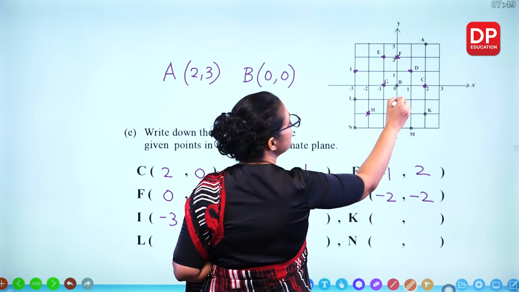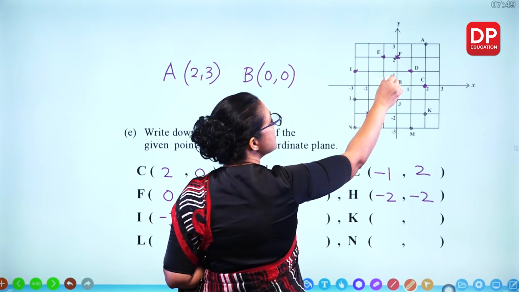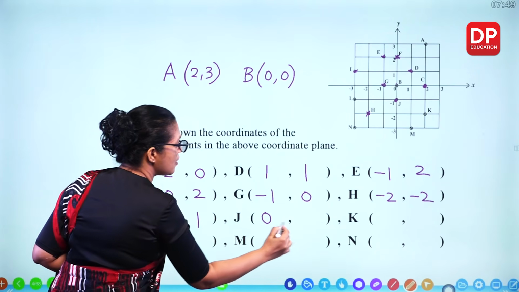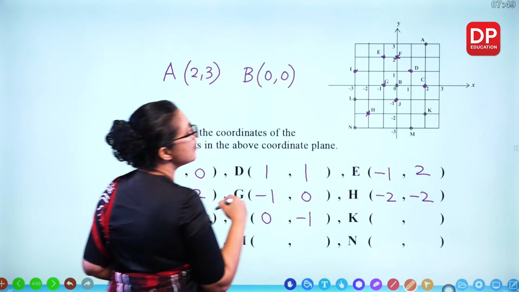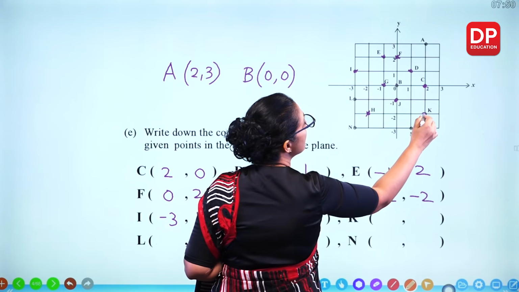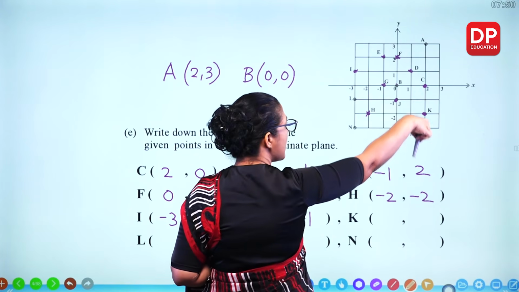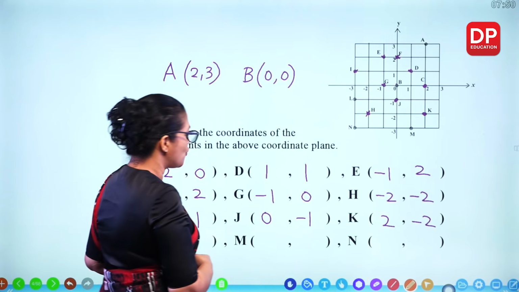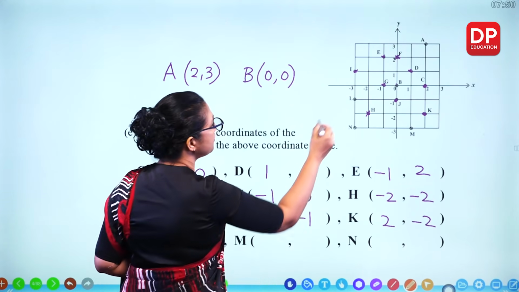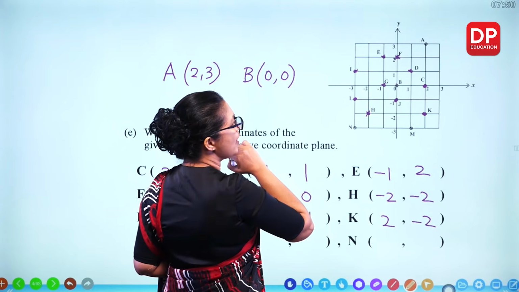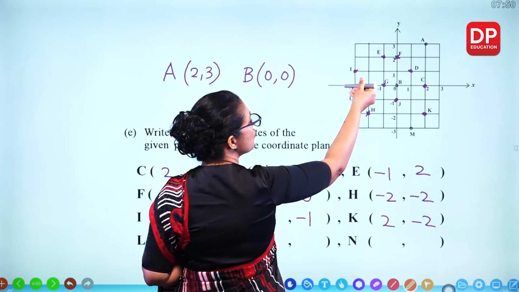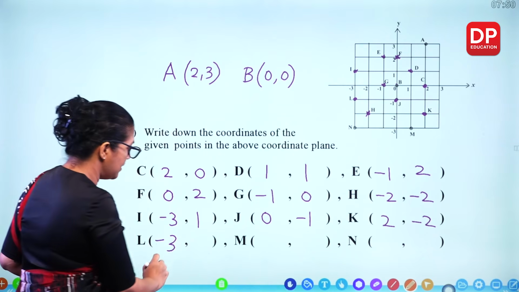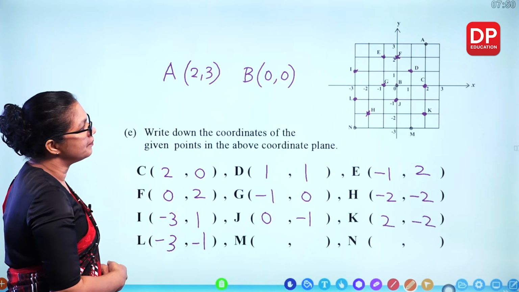Identify here. 0 and 1 down: (0, -1). K is here: 2 squares to the right and 2 down, (2, -2). And L is this point: 3 squares to the left and 1 down, (-3, -1).